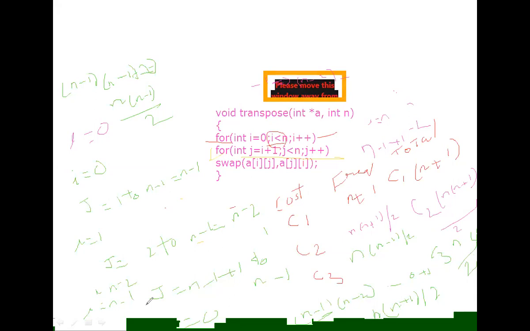Now we have to add all the costs of this given problem. We add all the solutions, and that is the final solution for the problem. We have C1 into n plus 1 for the first loop.